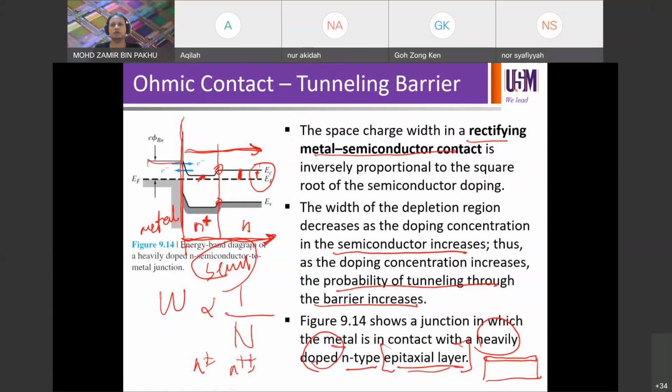So if you want to translate this into a physical drawing, this is just a band diagram. So let's just draw a wafer, for example, a silicon wafer, just to make it clear with the physical life size. Okay, so say this is the metal that we are talking about.